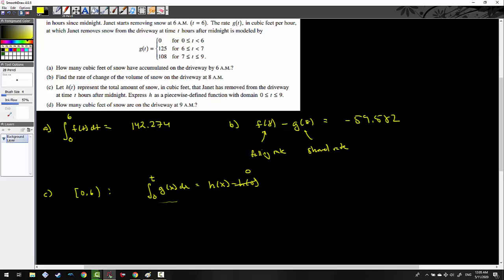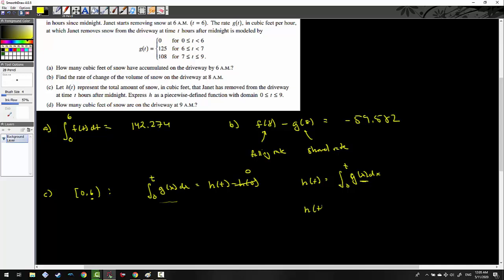And from here, I apologize, it's not h of x, it's h of t. So if h of t does in fact equal the integral from 0 to t of g of x dx, then what you get is the total accumulation from 0 up until 6 of whatever function this is.